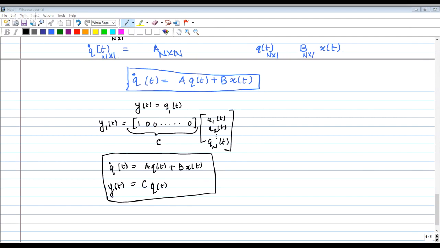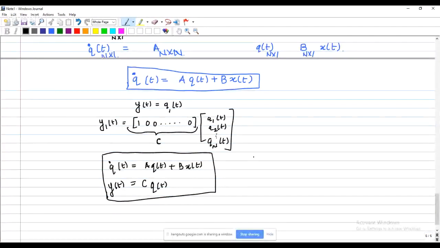Can you please mention what should I repeat? Output equation not understood? Is it so? Okay, output equation.